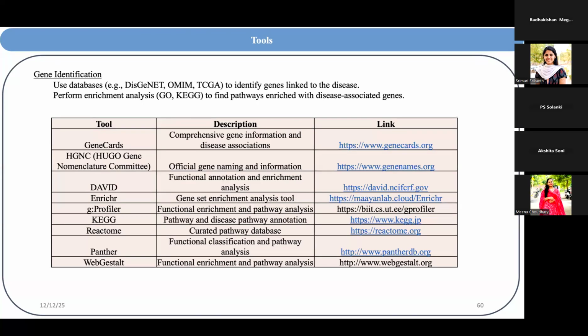So then pathway annotation. Once we have completed the gene set enrichment, we also use curated pathway databases like Reactome and KEGG to get the detailed pathway annotation. These resources give us information about how our genes fit into the known disease pathways. And gene information.